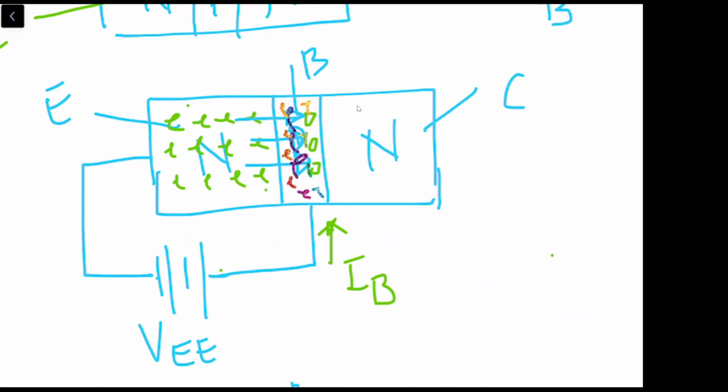Once the majority carriers pass the emitter base junction, very few of them constitute the base current, which means they get into the holes, which are the majority carriers on the base side, and they go through the base and make the base current IB. Now, the conventional direction of the current is always opposite to the flow of electrons, because the electrons are flowing like this.